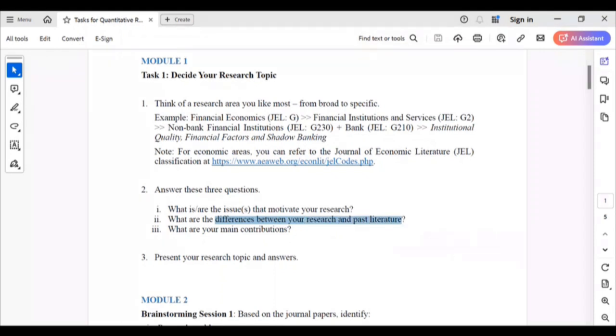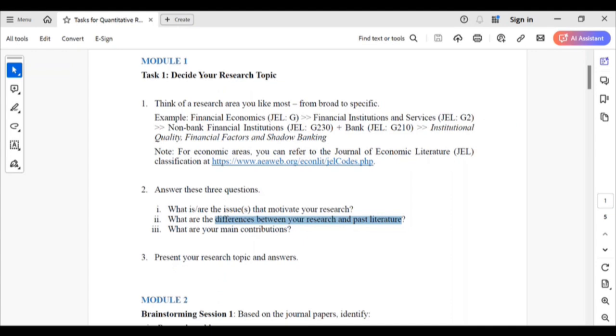So you answer the second question here. It's very clear-cut that you are doing your literature review. But here I ask you to answer these three questions first, because it provides a framework, or a short insight, for you before you start writing, right? What you have researched. What's the difference between your research and past literature?